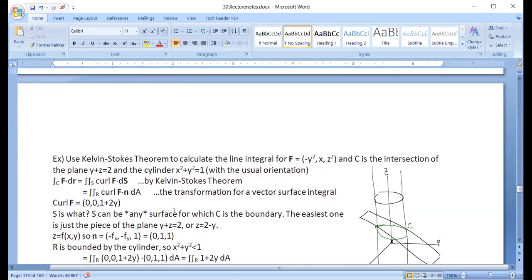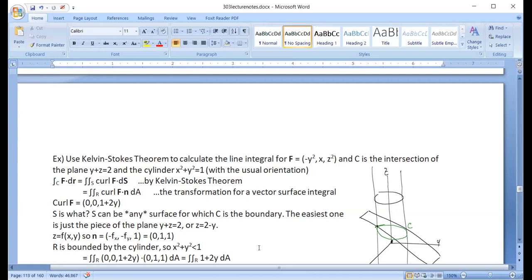So plugging it in, we know what the curl of F is, we know what the normal vector is, and we know what our region is. Plugging in the first two, the curl of F dot the normal vector gives you just 1 plus 2y. Then as a separate step, let's figure out how to express the region and dA.